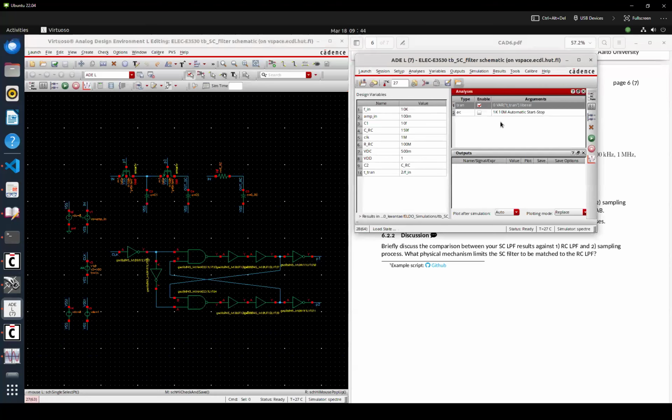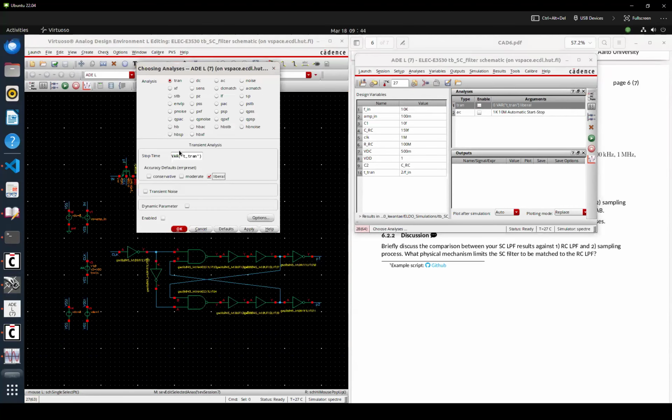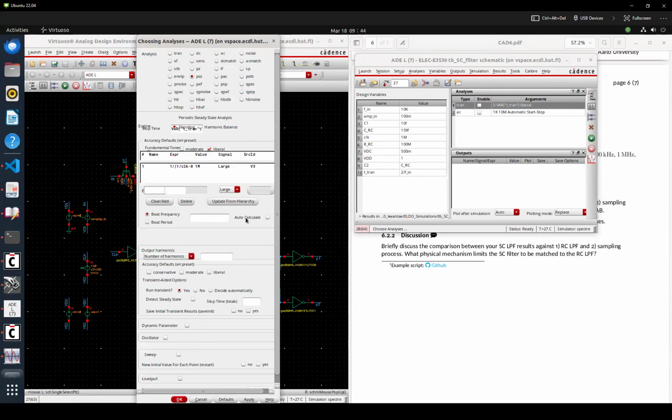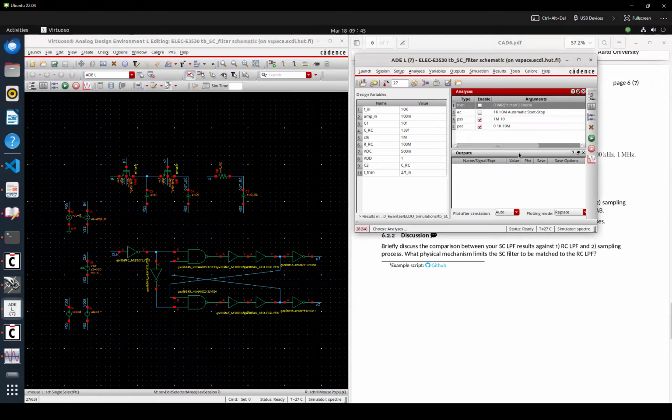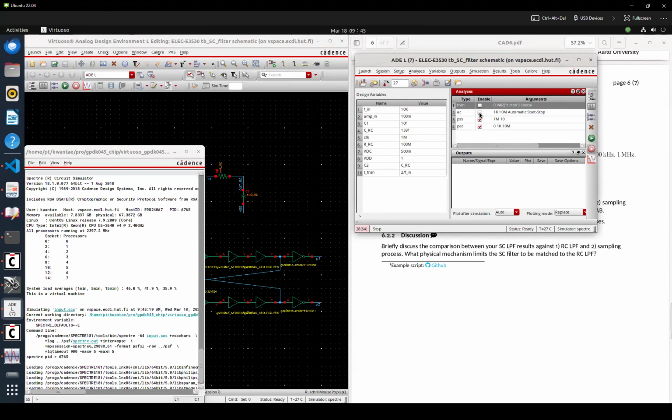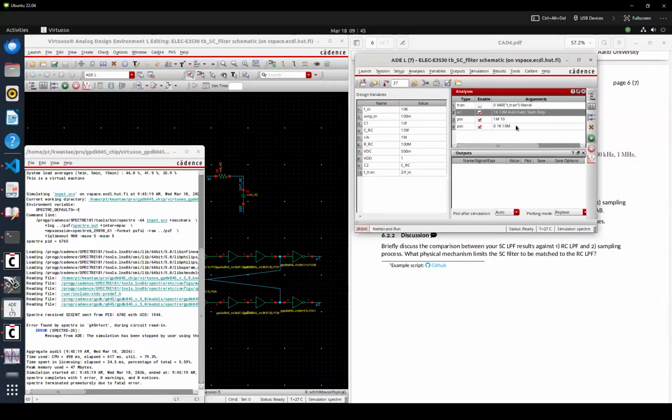So you run transient in this case, and PSS auto calculate, 10, conservative, yes, apply. For the PAC, let's run 1K to 10 mega, maximum sideband 0. So we have to run AC simulation also.